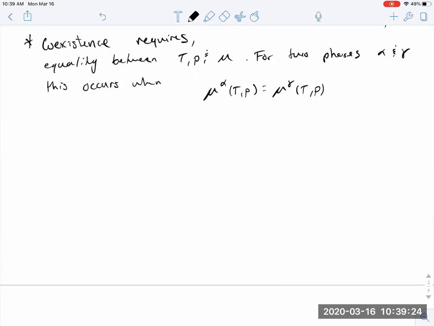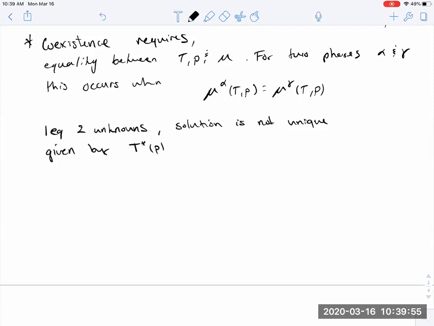Now, if we stared at that equation, that is a single equation with two unknowns, the temperature and the pressure. So the solution to that equation is not unique. It's given by some temperature as a function of pressure, or some pressure as a function of temperature.